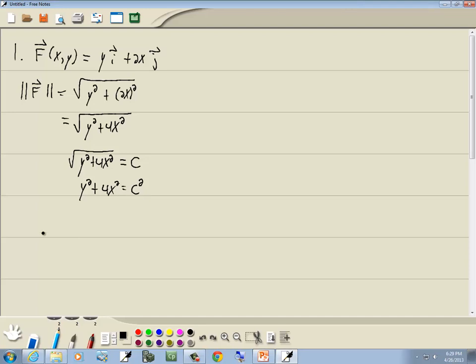For example, if I plugged in 2, we'd have y squared plus 4x squared is equal to 2 squared, or y squared plus 4x squared is equal to 4.